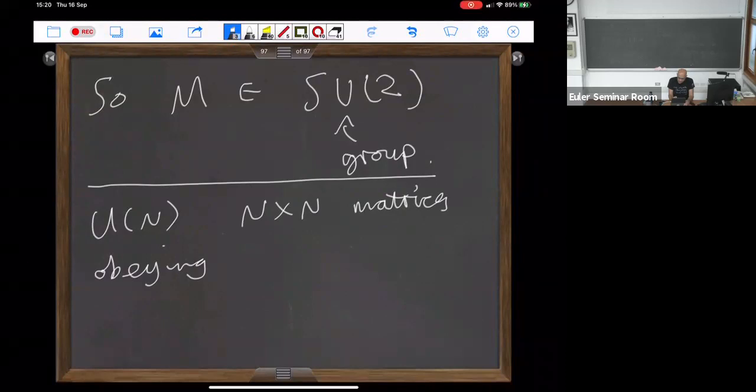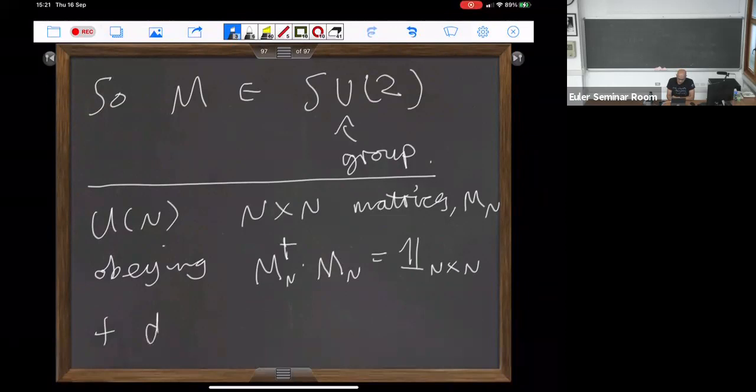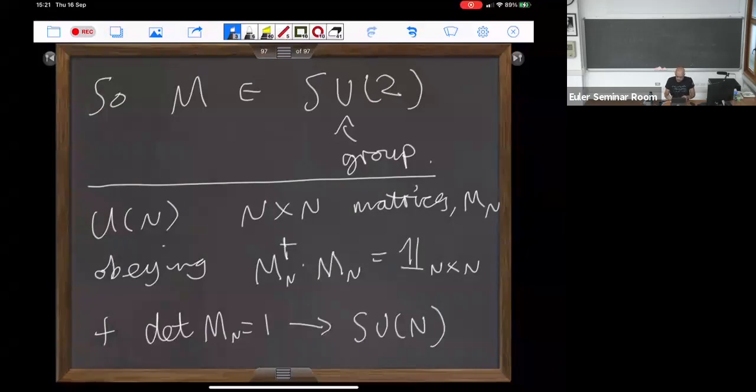Running out of labels now. I'll call them M, N. Actually, I'll write it with a lower label. And if you add the determinant 1 condition, you get the special unitary group. And we also need to be familiar with these groups in order to understand the standard model, for example, which is based on a symmetry group which involves SU3, SU2, and U1.